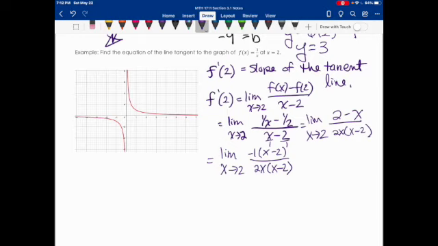The reason I pulled out that -1 from the numerator is so that now I have x minus 2 on the top and the bottom, and I can get rid of those. So now I'm left with the limit as x approaches 2 of -1 over 2x.